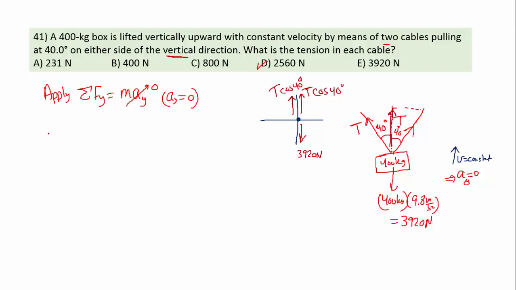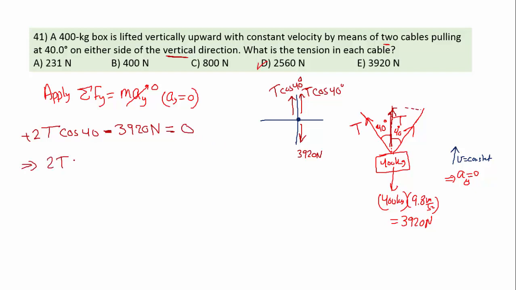If we plug them into the equation, we have T cosine 40 plus T cosine 40, which is 2T cosine 40, minus the weight, since the weight is in the negative y. This is equal to the mass times the acceleration, which is 0.